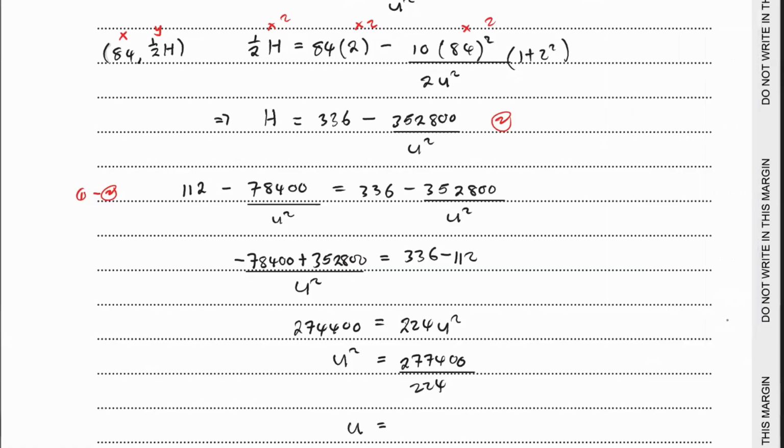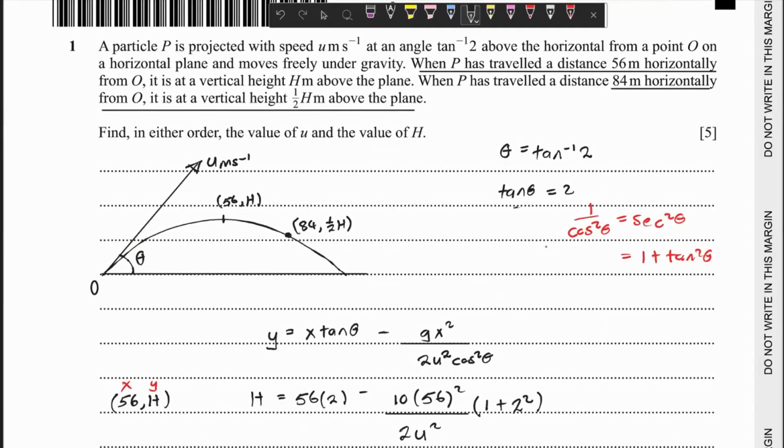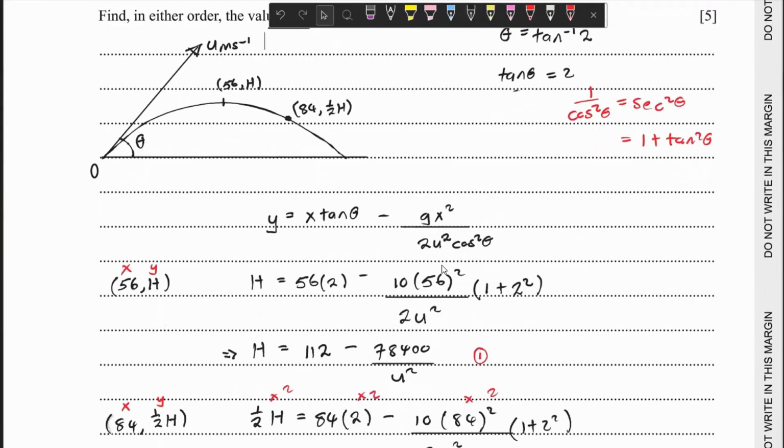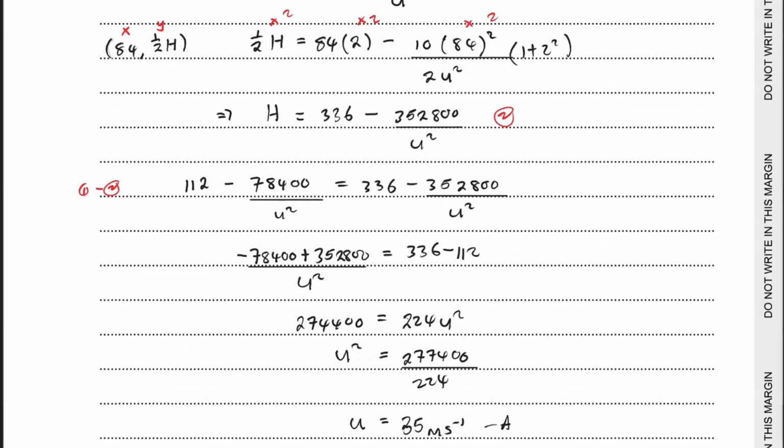So U is coming out as 35 meters per second. So that's what they wanted us to find, right? They said we should find the value of U, and that's what U is. All right, so I'll say here, that's the answer.